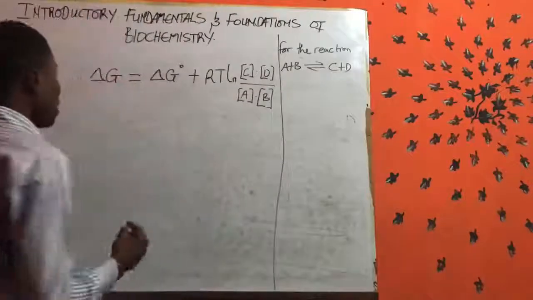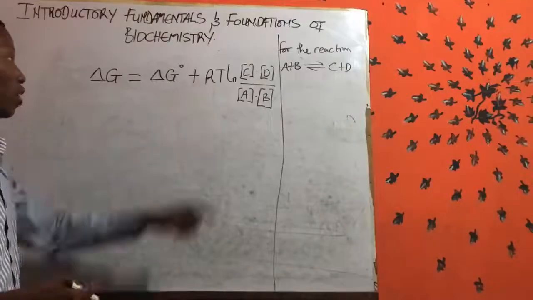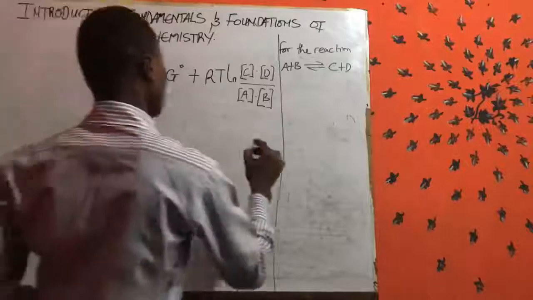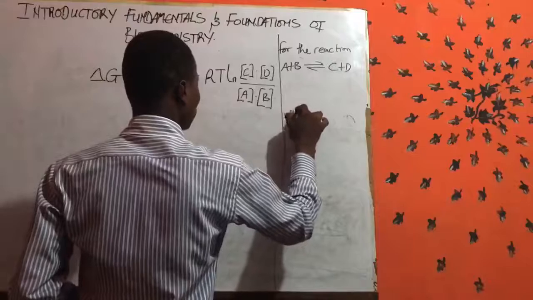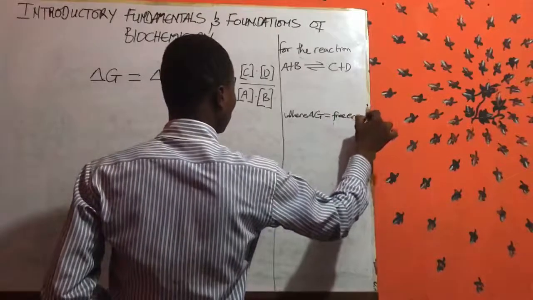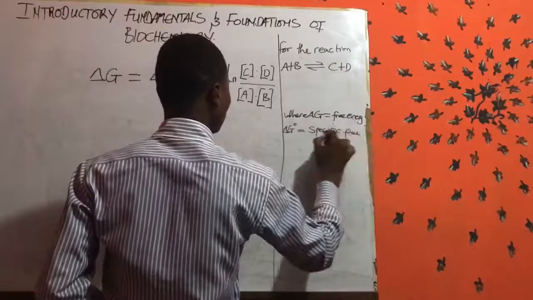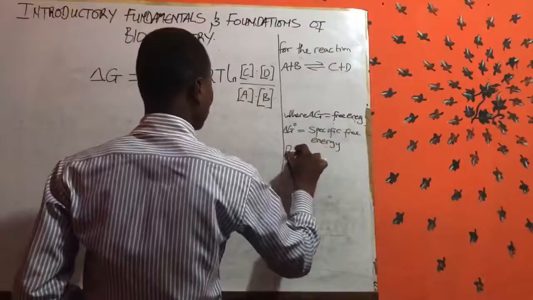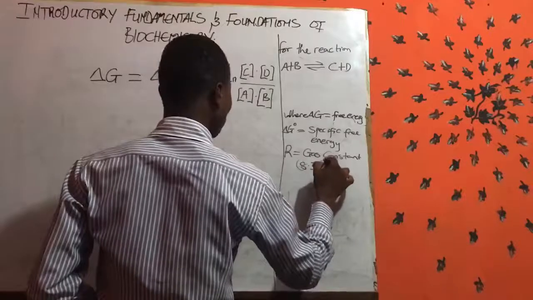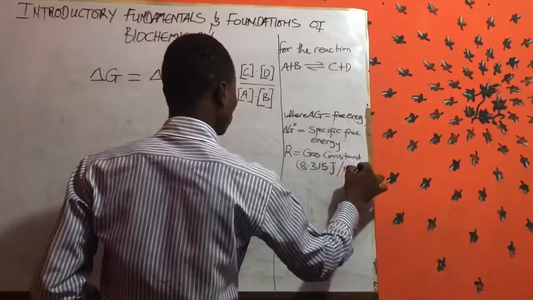Now, from this place, I have my Gibbs free energy equals specific free energy plus this is the gas constant R, a value which is known as 8.315 joule per mole Kelvin, where delta G equals free energy, delta G naught equals specific free energy, then R equals gas constant having a value of 8.315 joule per mole Kelvin.